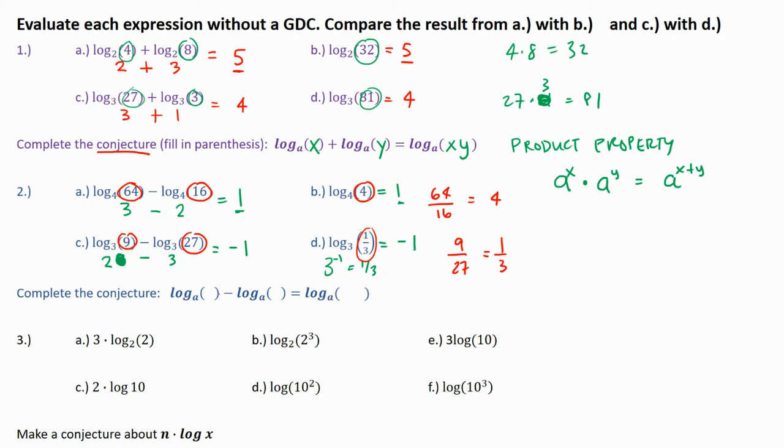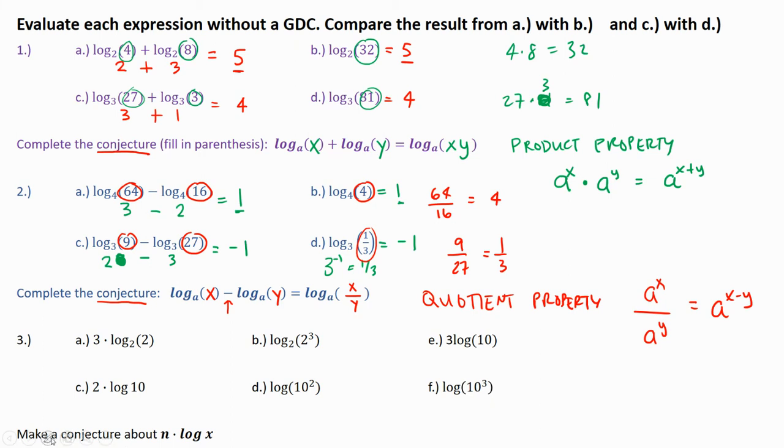And so we get this second conjecture, or the second property. If we plug in any number here, x, and this number, y, something different, and we're subtracting, we can combine two logs into one if we divide those, x divided by y. And this is called the quotient property. And this is similar, again, to the quotient property of exponents that says if you have a to the x divided by a to the y, then you subtract the exponents.